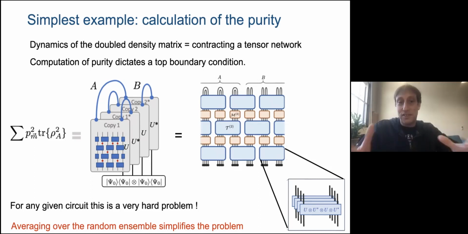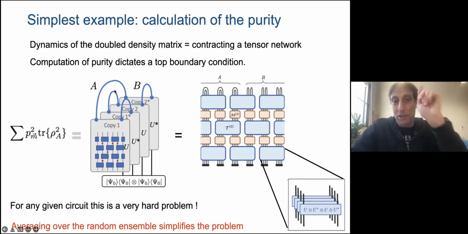Okay, so this is basically the circuit I want, and I can represent this circuit that evolves this double density matrix as a tensor network. Sorry, one important thing. In the end, I need to calculate the purity. How do I calculate the purity?